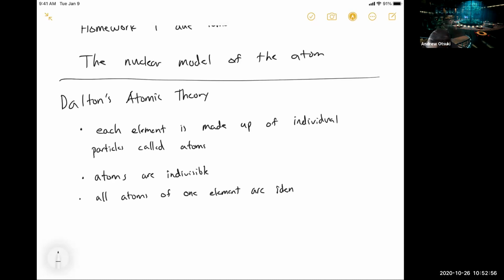What we mean by identical is that if I have one atom here and another atom here, they won't be different in a way like, this atom has more electrons than this other similar atom. They're all identical in every way, is how I like to put it.